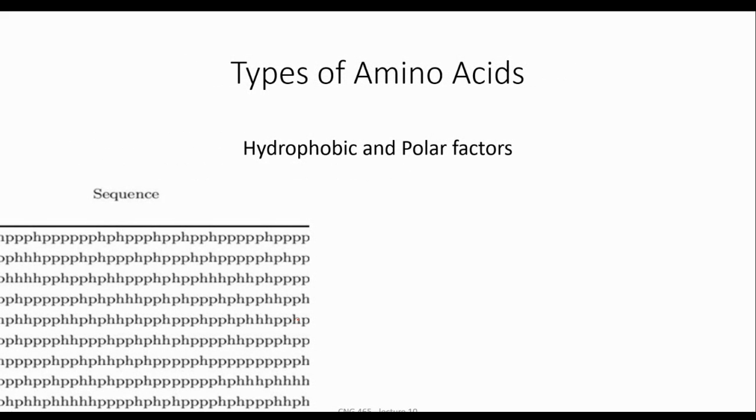We can also categorize amino acids into different components. For example, you can discuss them in terms of hydrophobic or polar factors. So hydrophobic and polar factors could also be considered one of the important factors in order to categorize amino acids.